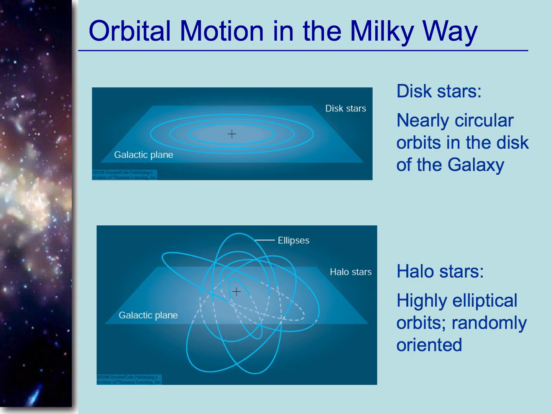Orbital paths taken by Milky Way objects depend on where in the galaxy they are located. For objects in the galactic plane, within the galaxy's disk, these stars have elliptical but nearly circular orbits and revolve within the plane of the disk.